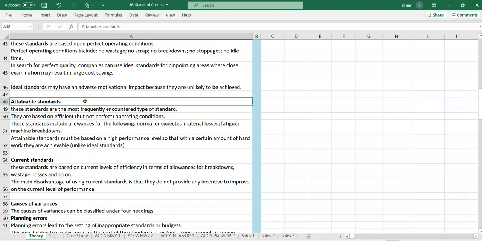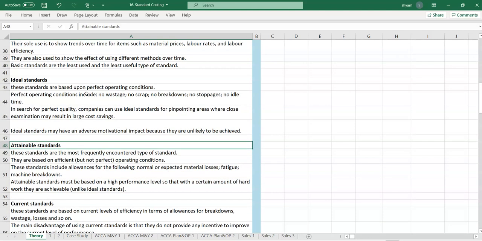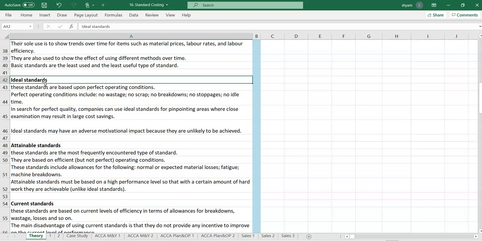For example, if you are going to write an exam, ideal standard is you have to score 100. Is it possible? In all exams, the answer is no. Even if it is possible and you are trying for it, there are many times you might not score 100. It can be that one question is out of the syllabus, or one question is so tough, or you have not read a small part of the book.